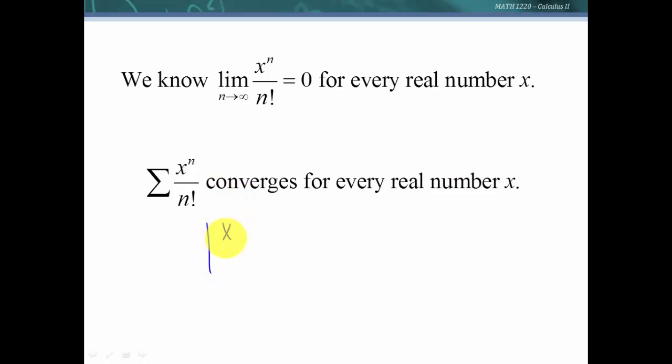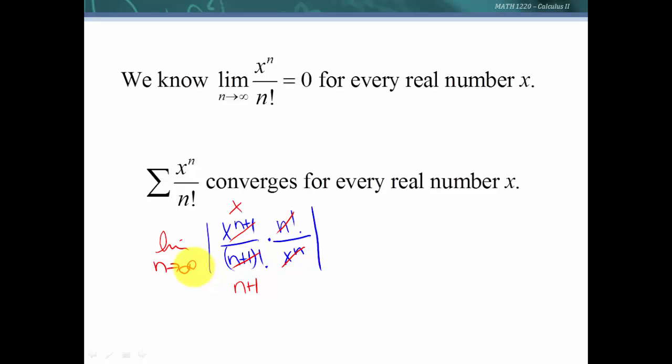We used the ratio test on this, and we looked at the n plus 1 term and divided it by the nth term. And we've got the absolute value there. And so this would cancel here and leave us x. This would cancel here and leave us n plus 1. And we're looking at the limit as n goes to infinity to apply the ratio test.